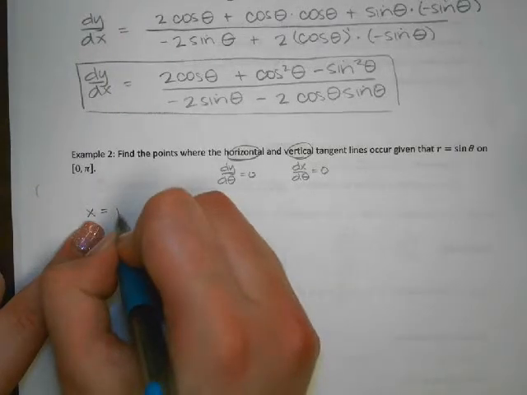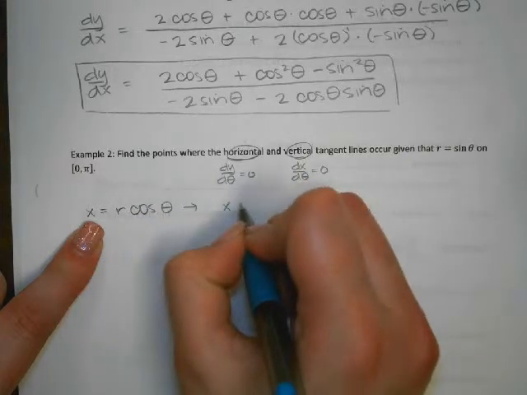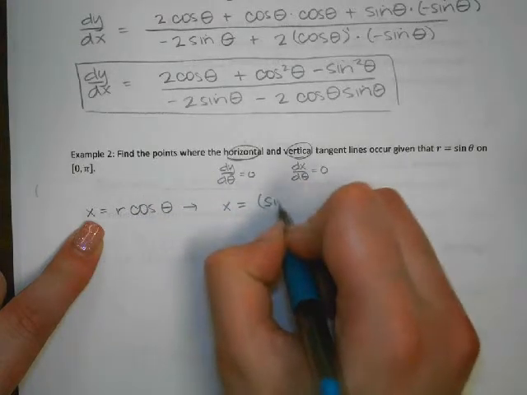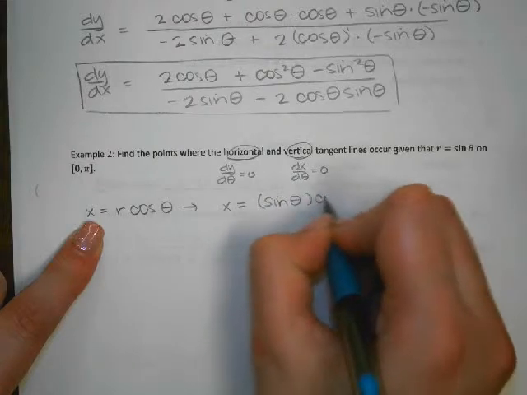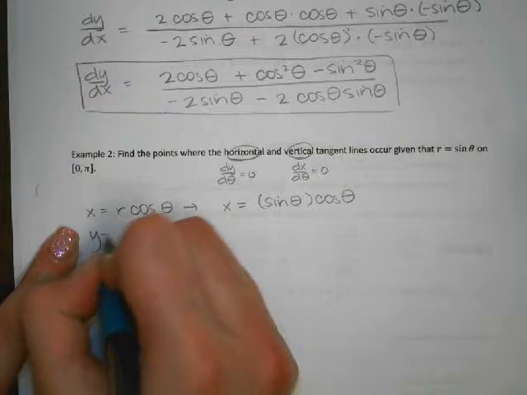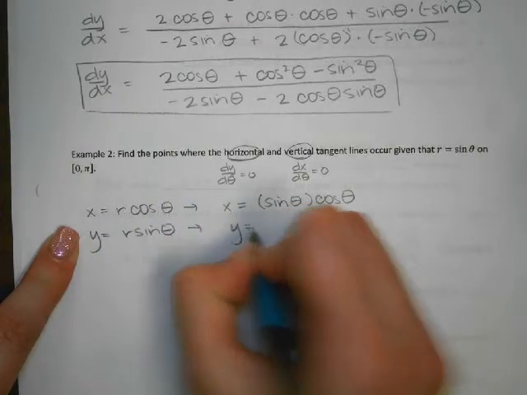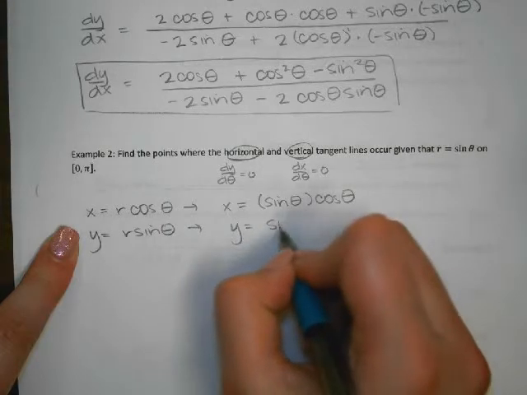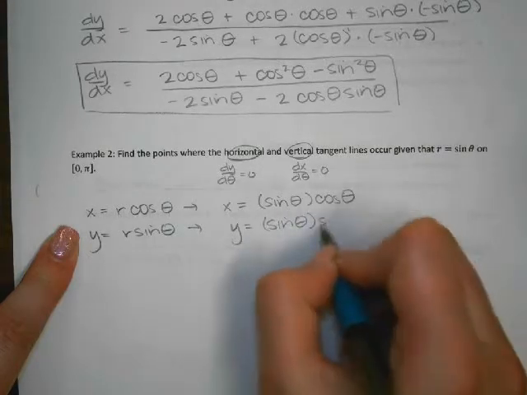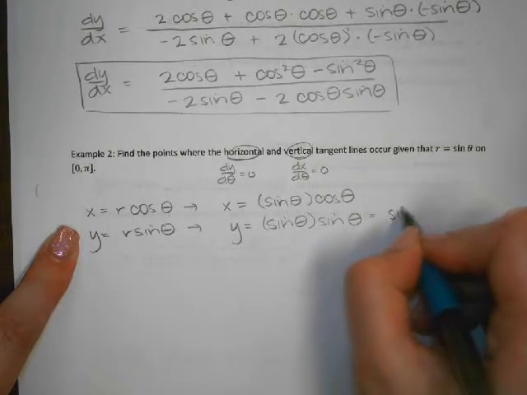So again, for parametric, x equals r cos theta, which means we're going to have x equals sine theta cos theta, and that one doesn't really need any simplifying. Y equals r sine theta, and so y equals sine theta, there's my r, times sine theta. I'll go ahead and simplify that.